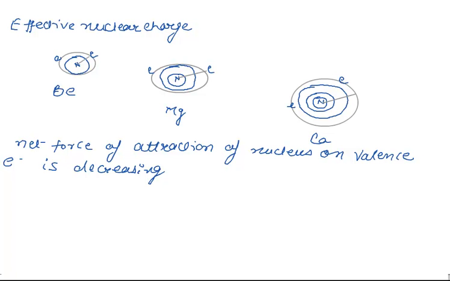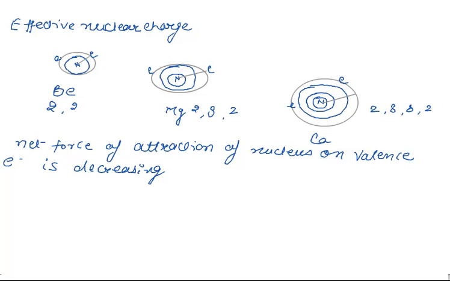Say here you can find out that in beryllium, how many shells are there? There are 2. So how many electrons are there? There are 2 and 2. In magnesium, there are 2 and 8 and 2. In calcium, there are 2 and 8 and how many electrons? 8 and 2.